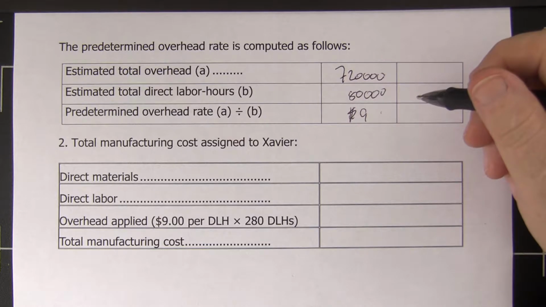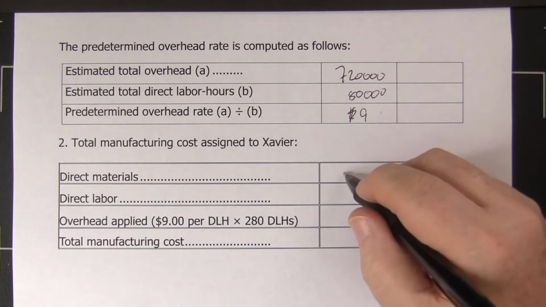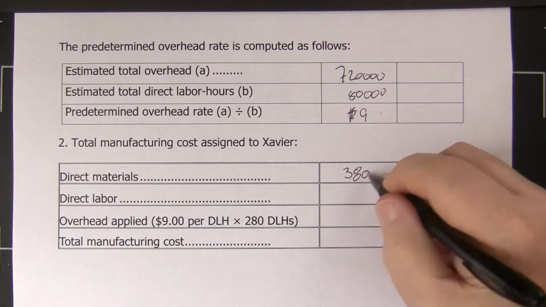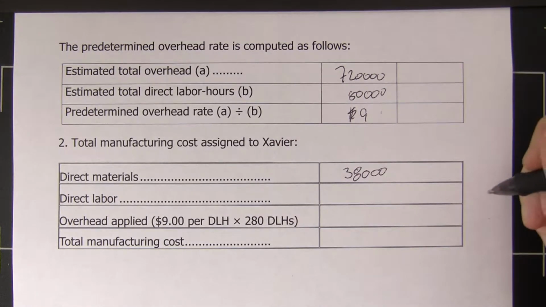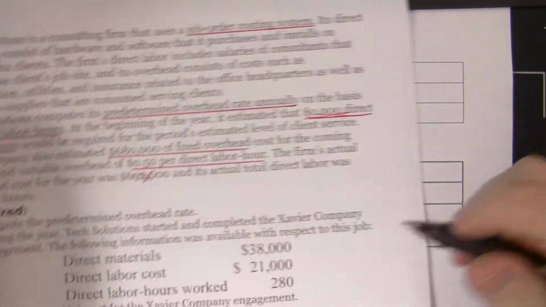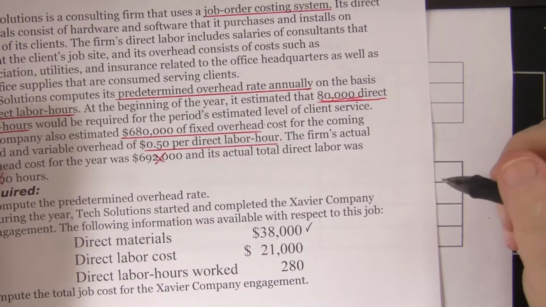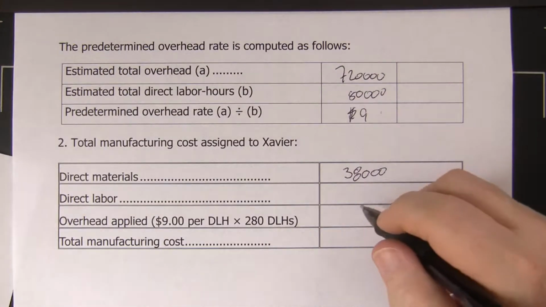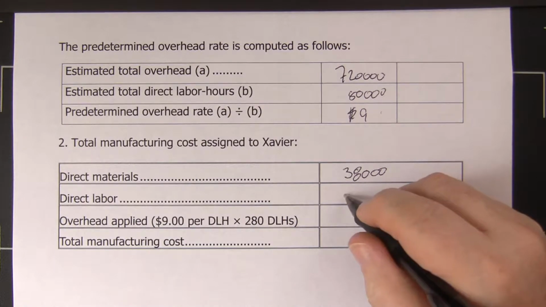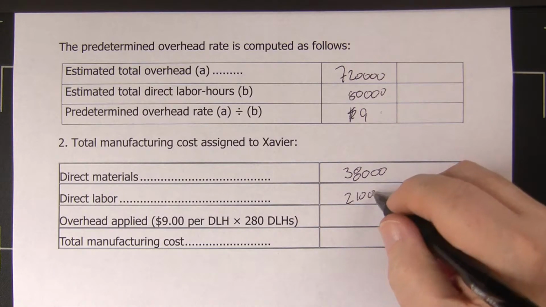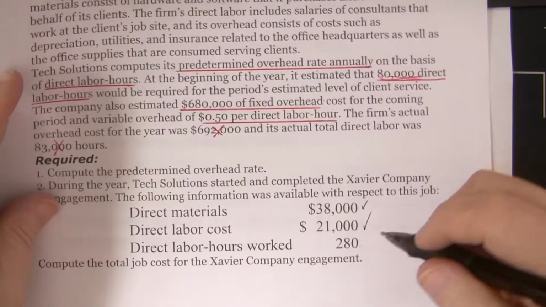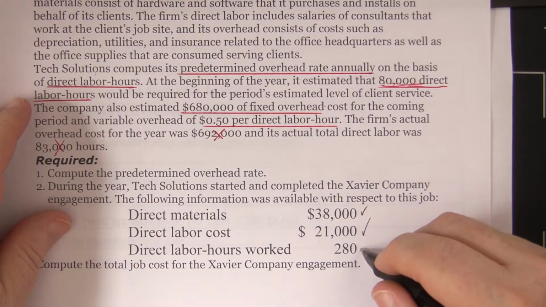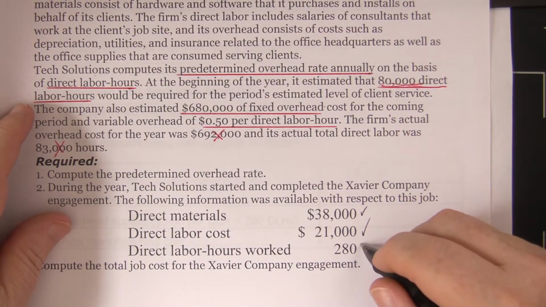Now, they tell us that this job used $38,000 worth of direct material. They told us our direct labor was $21,000, and they told us that we used 280 hours.